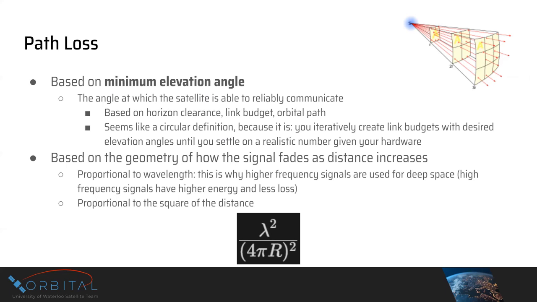So path loss is basically the loss that your signal experiences as it goes from a focused signal to dispersing out as it travels across space. This is a really good illustration of how that works.